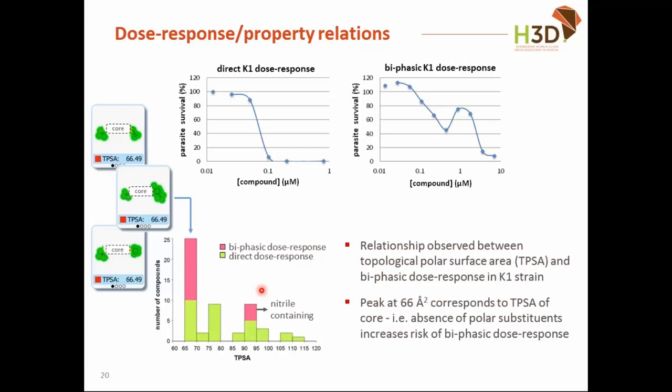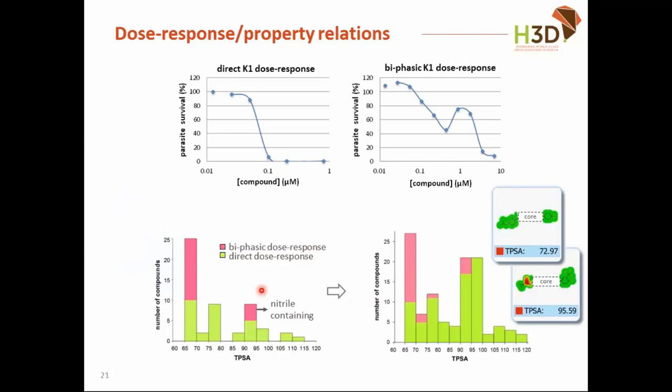So these relationships are not very well understood, but what we wanted to do was just to find a chemical space where we wouldn't have that biphasic curve, and looking at the TPSA, we managed to design compounds that didn't show that curve, and if we increase the TPSA, we actually move away from the biphasic curve.